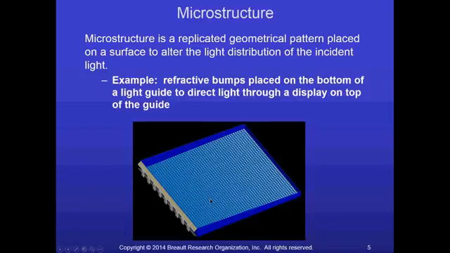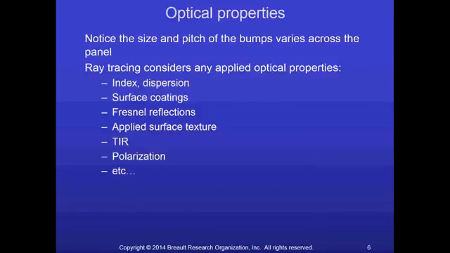So that's a very simple example of microstructure. In this particular case, it's something that could easily be modeled explicitly within ASAP. You could go in and create this array of these lens structures, microlenses, if you will. But there are other issues involved, which we will continue to talk about.